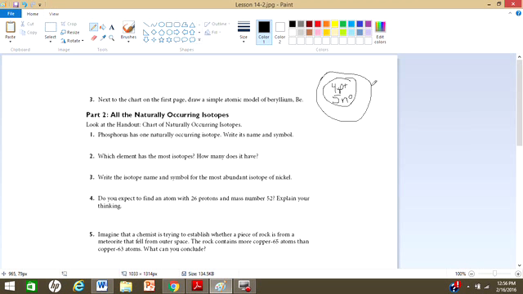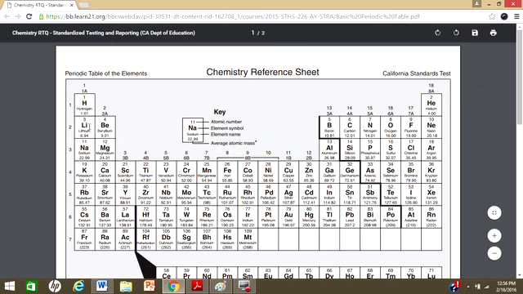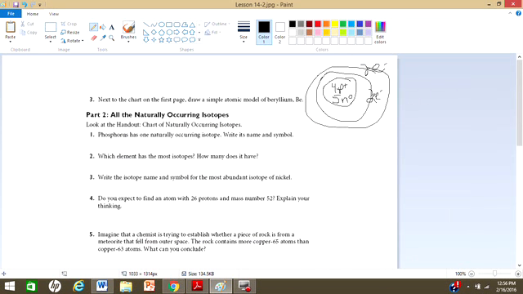So it just so happens I have 2 on the first level and 2 on the second level. Okay, so that totals 4. And if you look at your periodic table, that makes sense. Beryllium is in period 2. That means it has 2 orbitals. And so that's how we ended up with 2 orbitals, 2 on the first and 2 on the second.